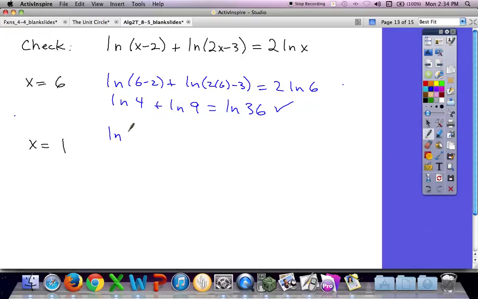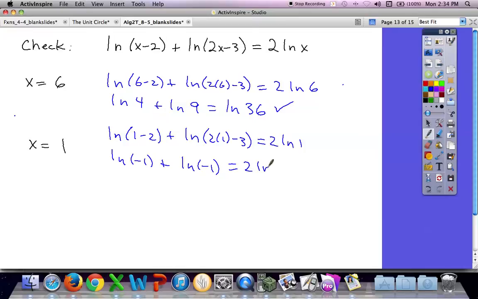Okay, now we check the x equals 1. ln of 1 minus 2 plus ln of 2 times 1 minus 3 equals 2 times the ln of 1. Okay, but this is the ln of negative 1 plus the ln of negative 1 equals 2 ln of 1.